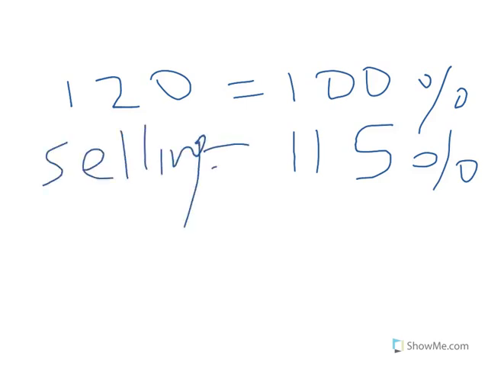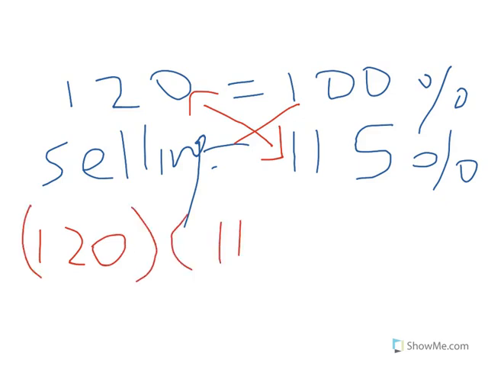So simply, I will multiply diagonally and divide by a single number. 120 times 115, and then you just do the calculations, and it gives me 13800.